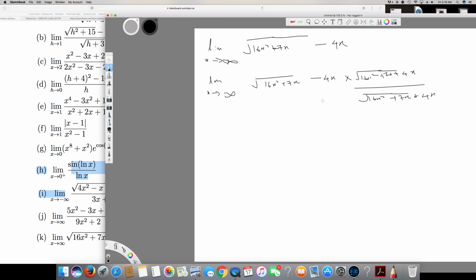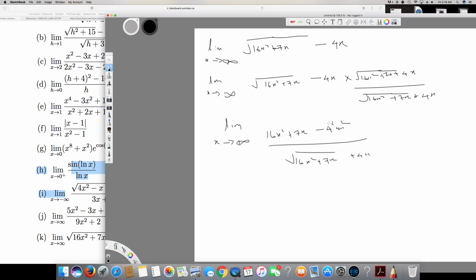If I multiply, the square root cancels, so it's going to be in limit x approaches infinity 16x square plus 7x minus 4 square x square, over square root of 16x square plus 7x plus 4x.